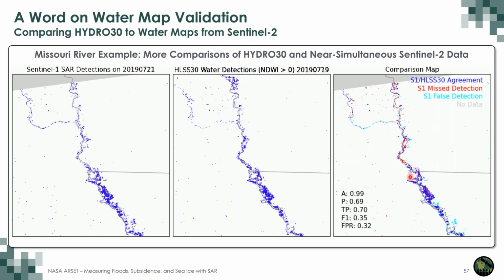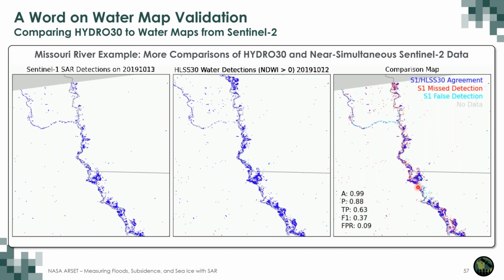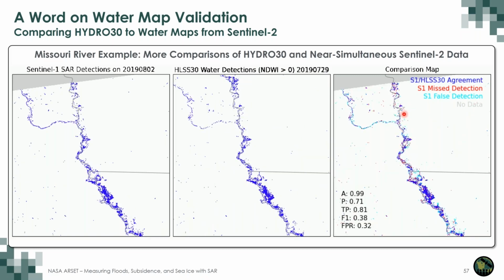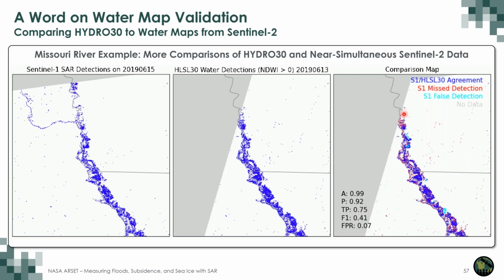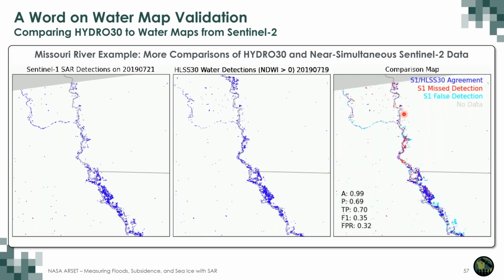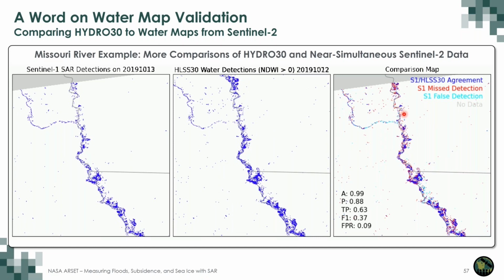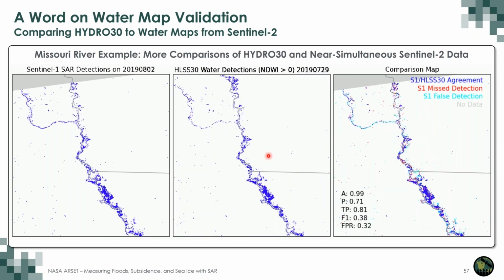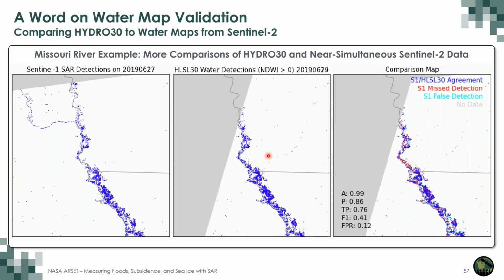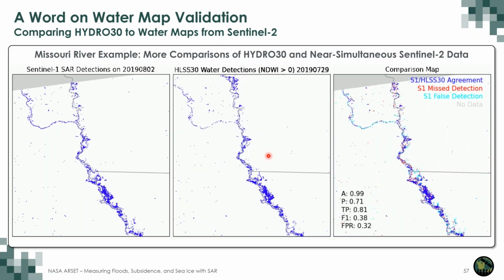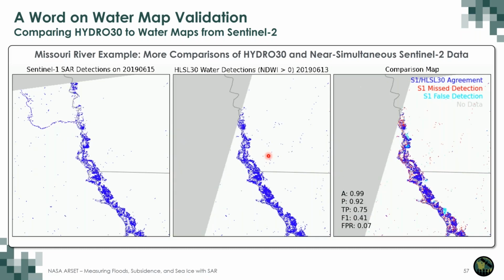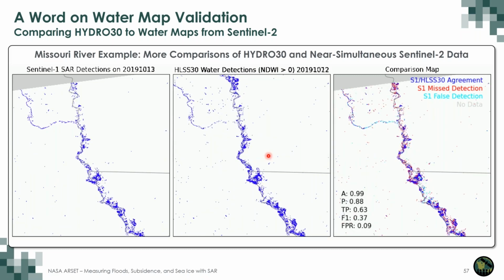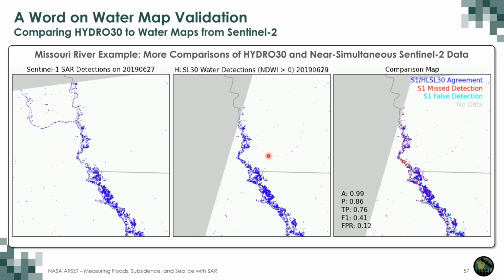Everything in blue on the right-hand side shows equal water extent, and little patches that show red and light blue are differences between the optical and the SAR detections. You should see in this animation that SAR is quite good at monitoring an event and seeing changes of water extent, equal to what you would get from optical data if you were lucky and got enough cloud-free optical data sets.